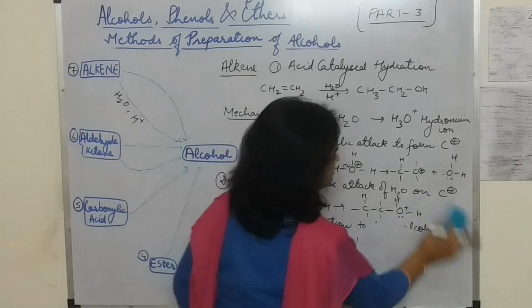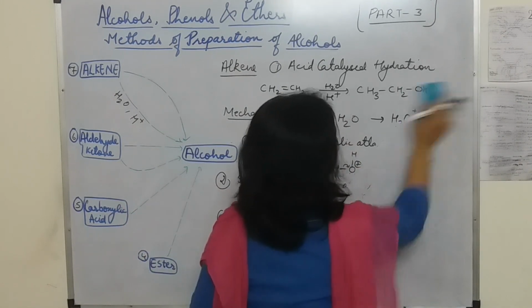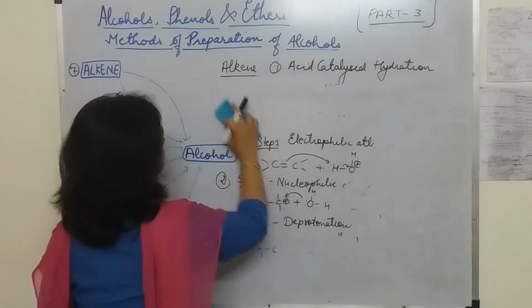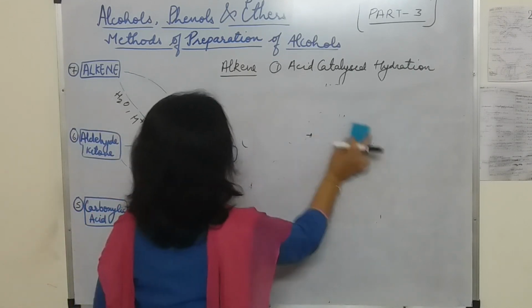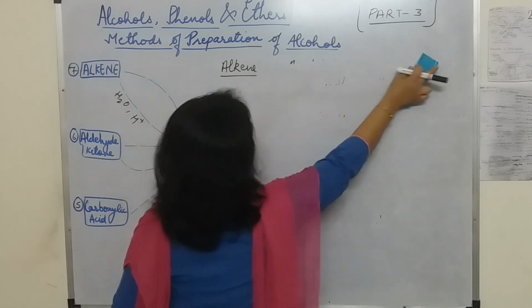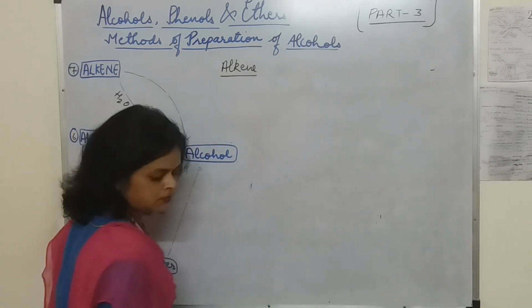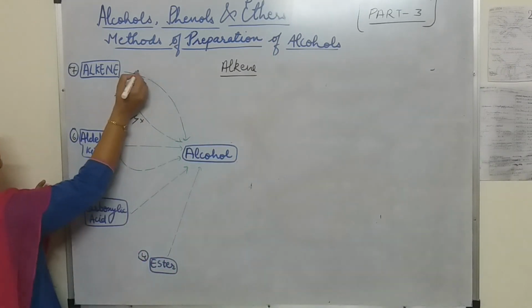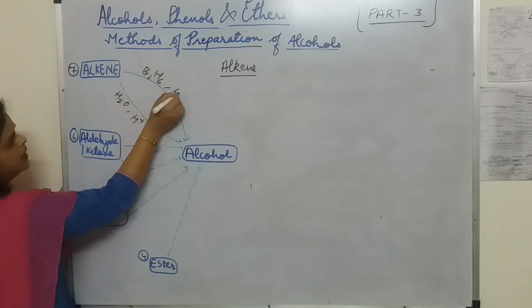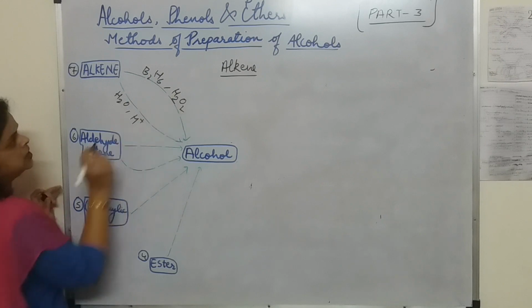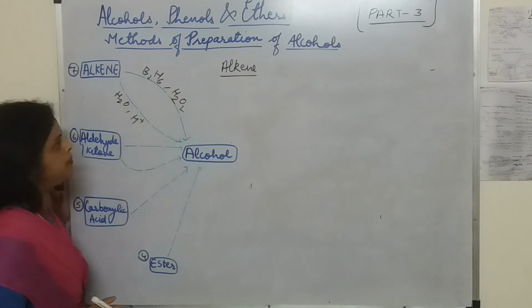Okay, now there is one more method by which alkenes can be converted into alcohol, and that is hydroboration followed by oxidation. So here I will write the second method. It is B2H6 followed by oxidation, in which we are going to take hydrogen peroxide.